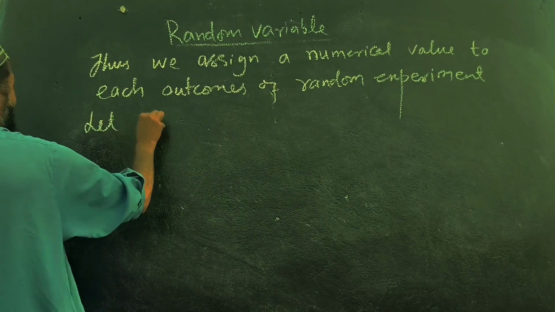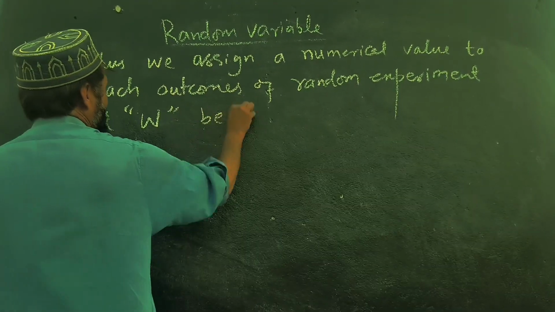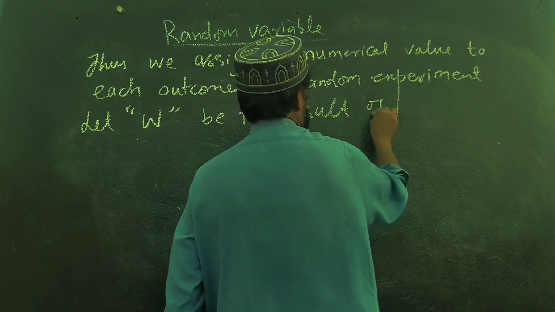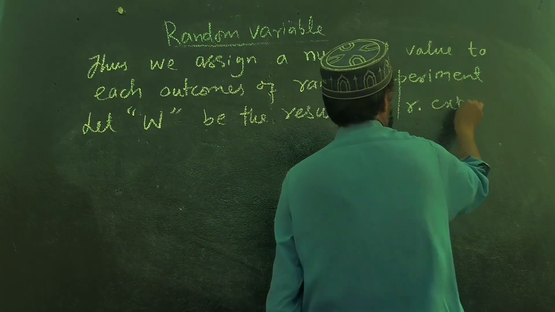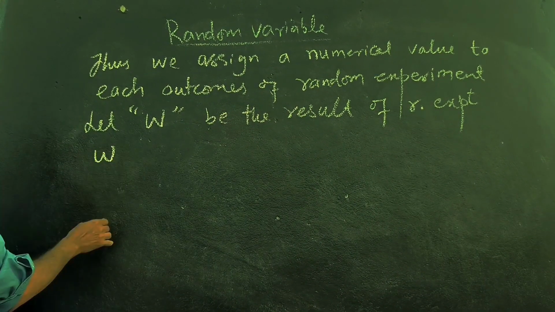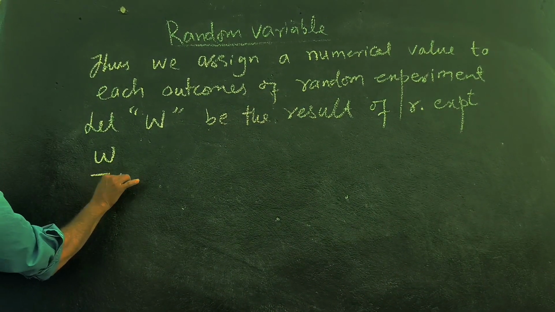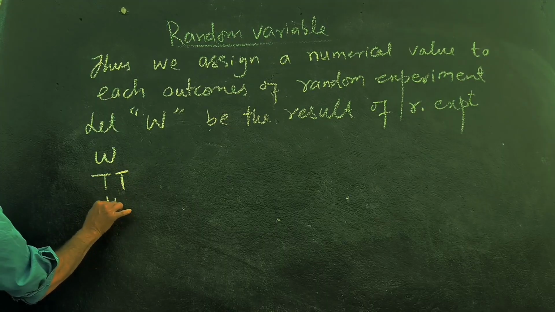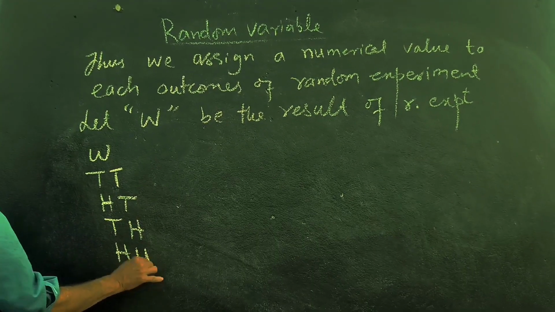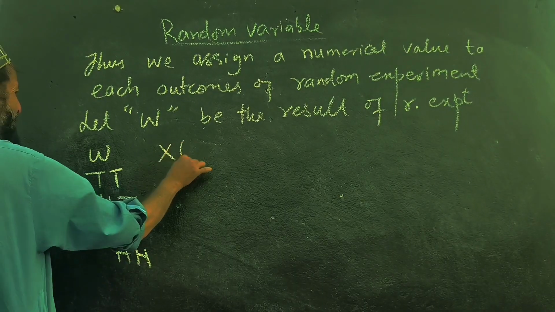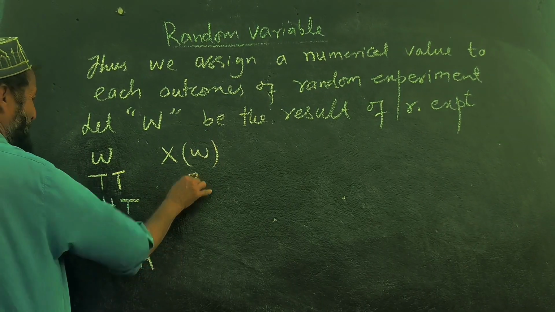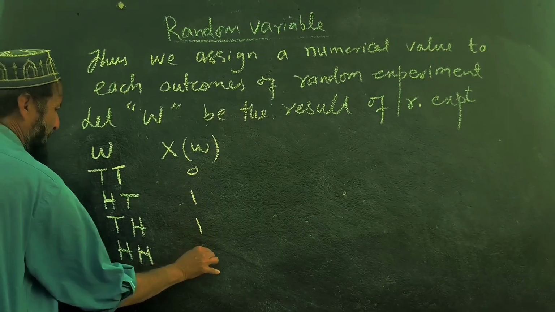Let W be the result of a random experiment. So W is the result: 2 tails, 1 head 1 tail, 1 tail 1 head, and 2 heads. So X is the function of the given random experiment. So this will be 0, 1, 1, and 2 heads.